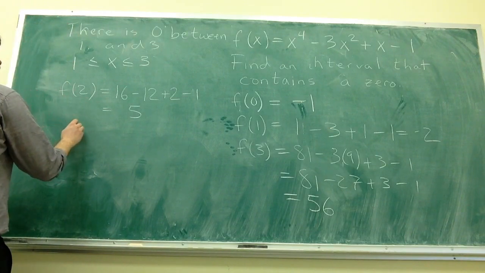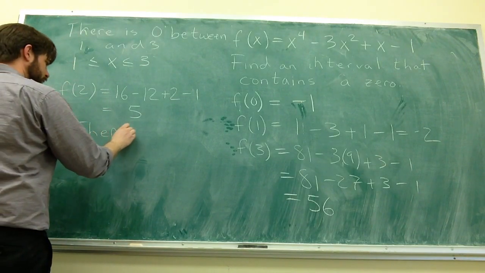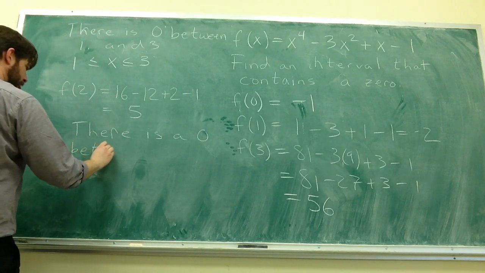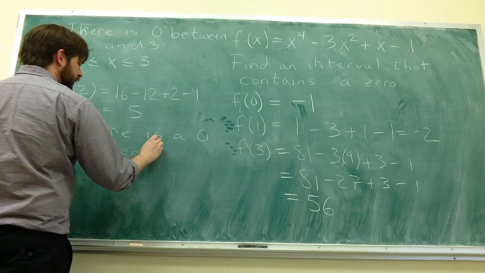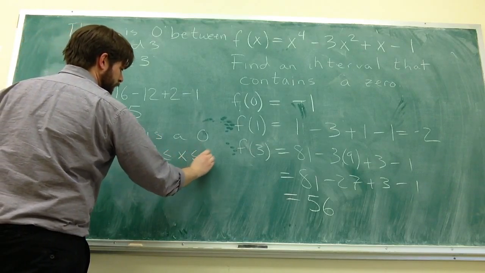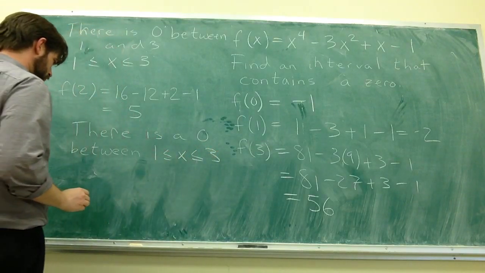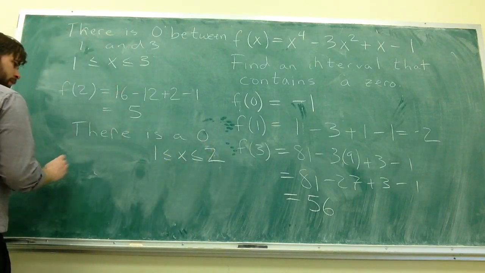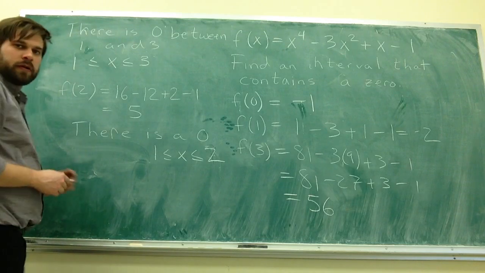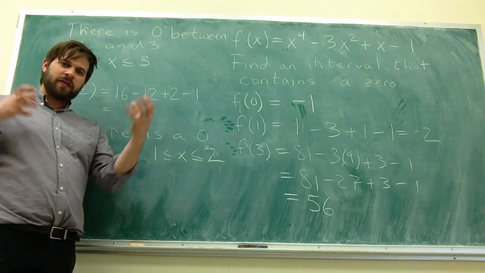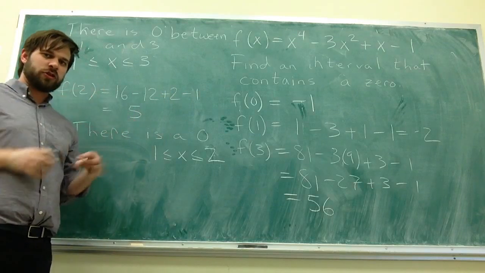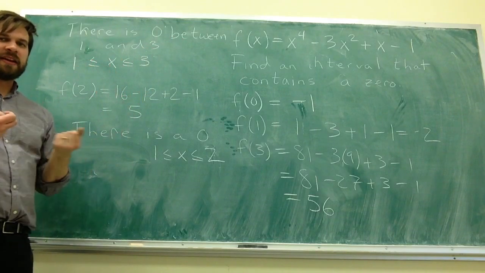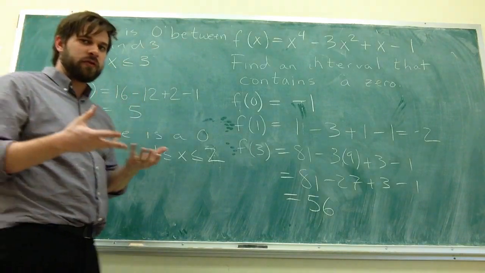So this tells us that there is some x bigger than 1, less than 2, that makes this function 0. And this intermediate value theorem can help you find zeros if you don't know what they are.